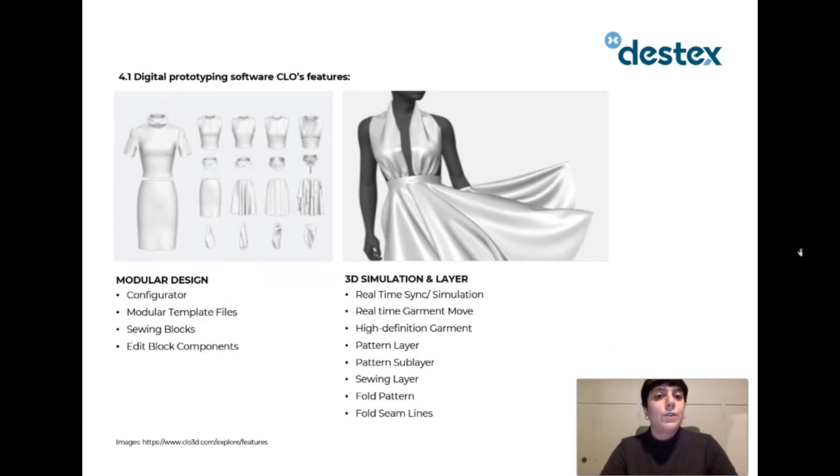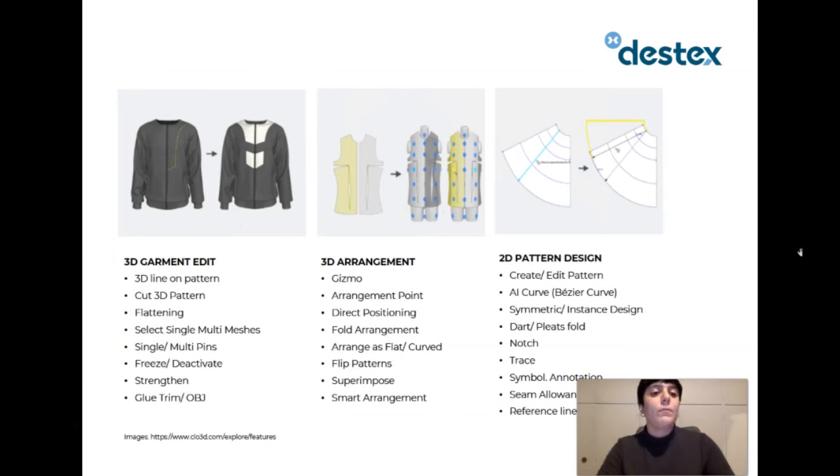Starting with the features of this software tool, we have the modular design, where there is the configurator or sewing blocks, where you can edit the block components of the garment. Then the 3D simulation and layering of a garment with high definition, real-time move, folding the patterns or folding the seam lines, everything digitally and in 3D.